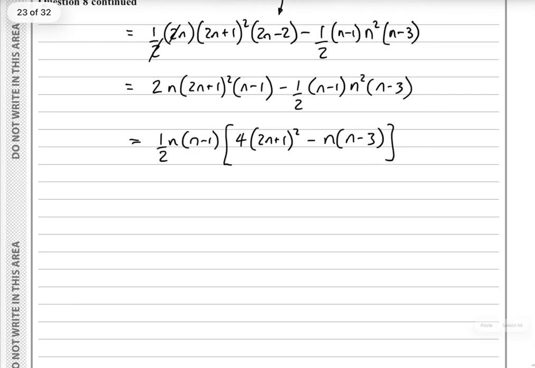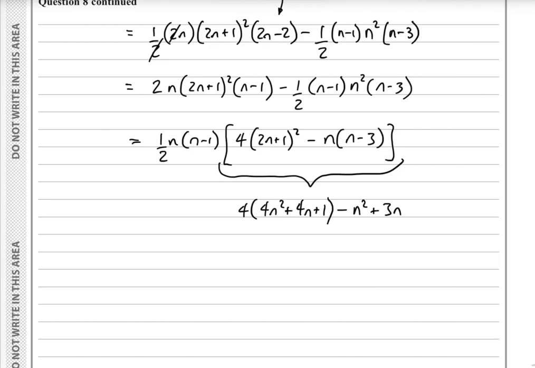Then like before, I'll just focus in on this square bracket here. We get 4 lots of this thing squared is 4n squared plus 4n plus 1 minus n squared plus 3n. Then 4 times that, 16n squared plus 16n plus 4 minus n squared plus 3n gives us 15n squared plus 19n plus 4.